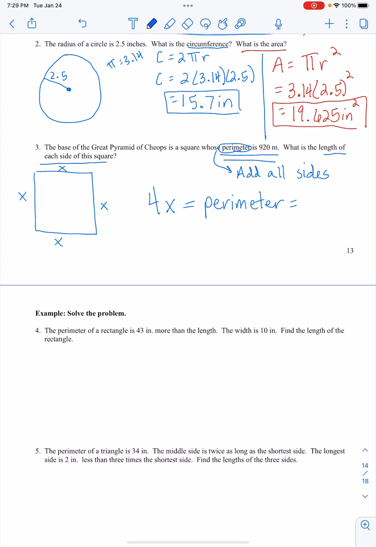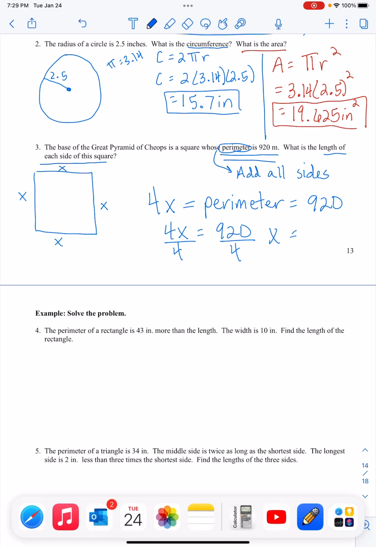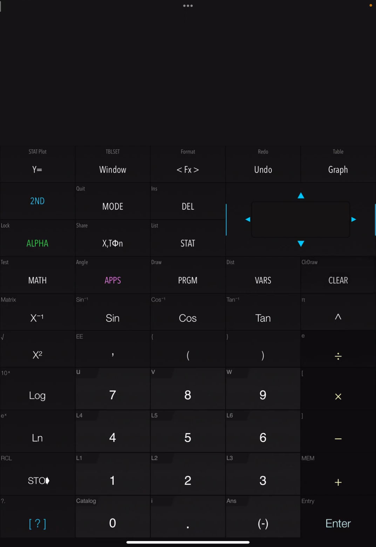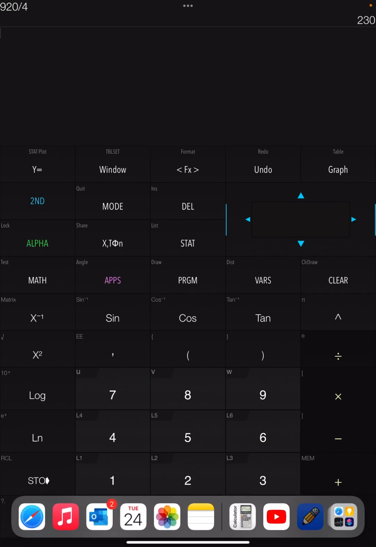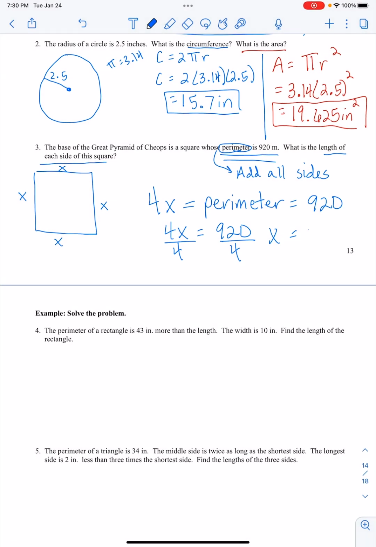But we also know that the perimeter is 920. So we really have 4x is equal to 920. Then we divide by 4. And if you don't know 920 divided by 4, simply get your calculator out and take 920 divided by 4, and you get 230. So the side of the square is 230 meters.